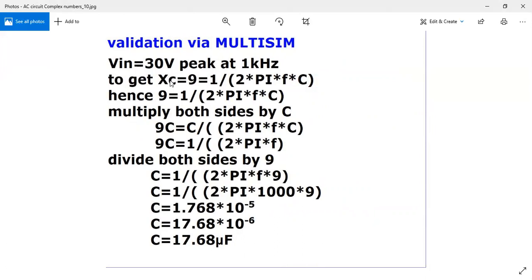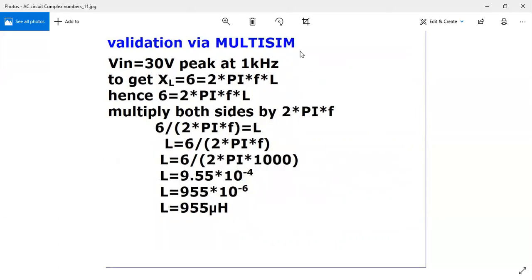If we use the impedance of a capacitor as 1 divided by 2 pi fc, we don't know what the capacitance value is just yet, but we do know its opposition to current flow, which is 9 ohms. If we transpose equations and jump through the number crunching as shown on the slide, we get a value of 17.68 microfarads at 1000 hertz, which will give us an opposition to current flow of 9 ohms for the capacitor.